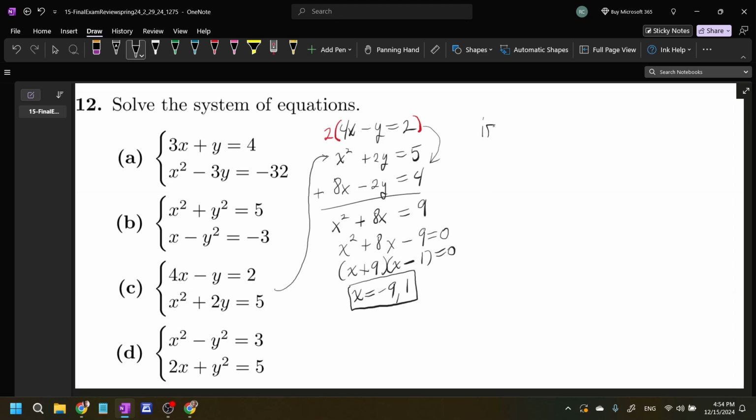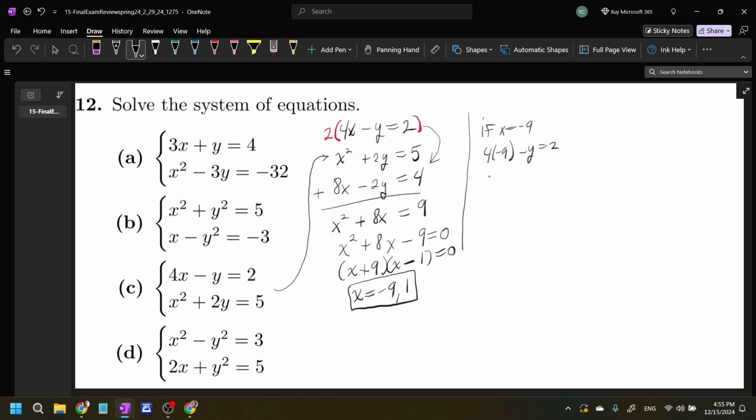So if x equals negative 9, I'm going to plug that into the first equation just because it's easier and I don't want to square anything. I feel like squaring something is going to do something with my negative. 4 times negative 9 minus y equals 2.